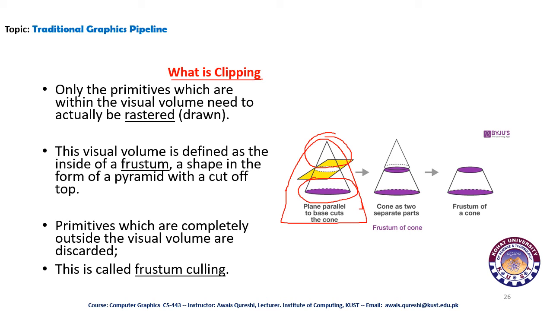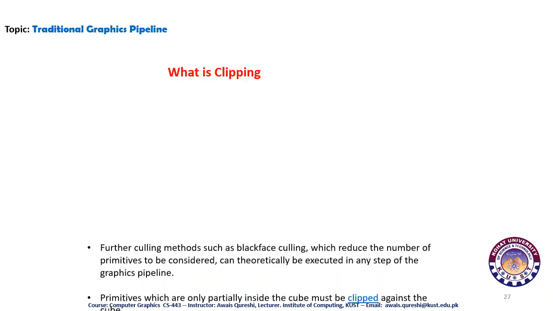Primitives which are completely outside the visual volume are discarded. Like in this image, you can see that this part is discarded. So when this part is discarded, this part will remain the same. So as a result, a frustum of a cone is formed.